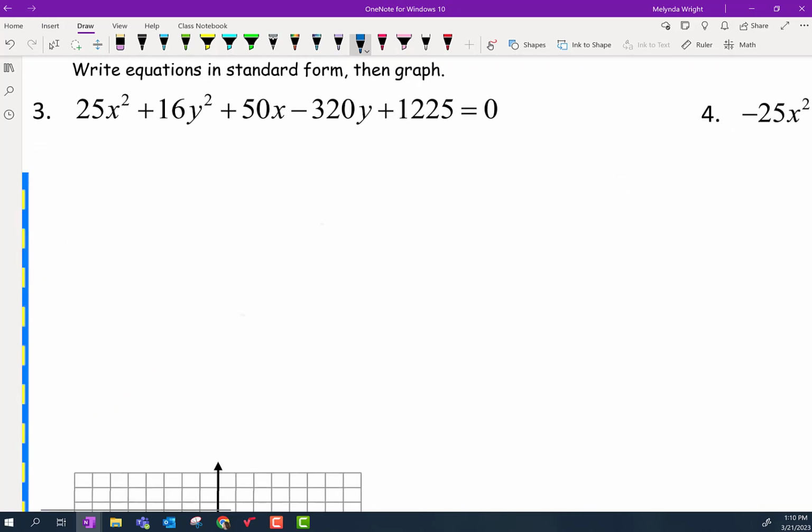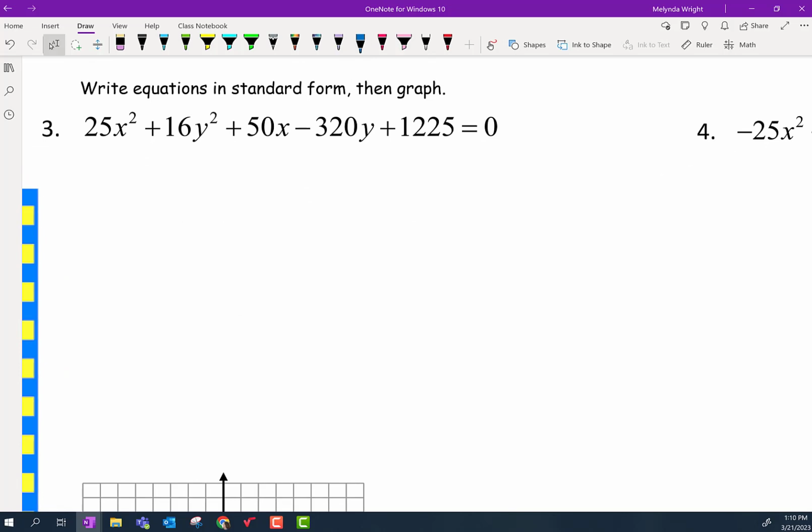All right, again, we're going to analyze. We're going to look at this general equation, try to figure out what we're working with here. So I've got x squared and y squared, and both of these are positive. Okay, that means that this is a circle or an ellipse.